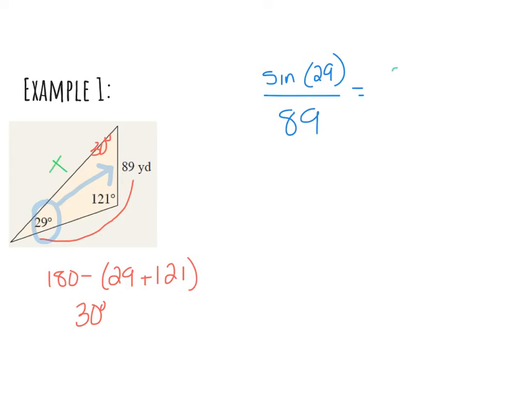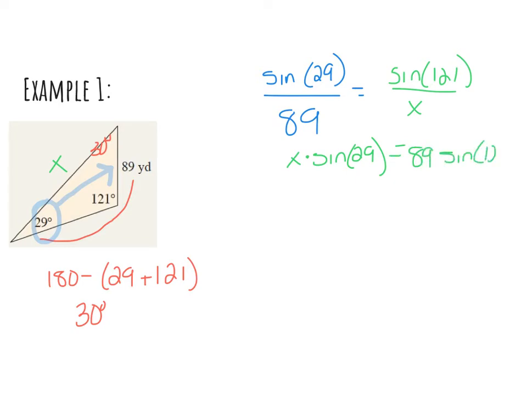Sine of 121 is to x. To be able to solve this ratio, we're going to cross multiply. And we want to solve for x by dividing both sides by sine of 29.